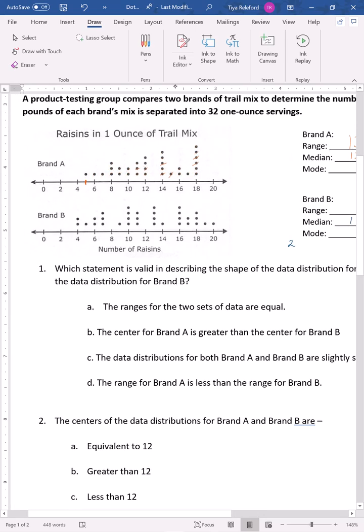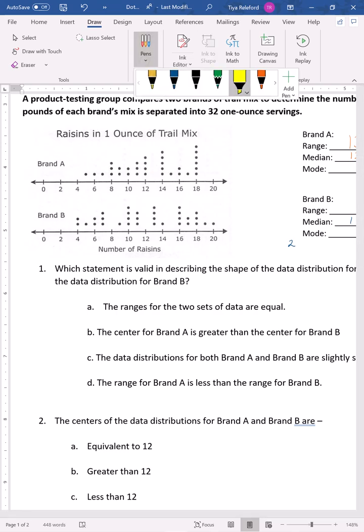Now our modes, mode means most. So this is not the biggest number with dots. This is the number with the most dots.